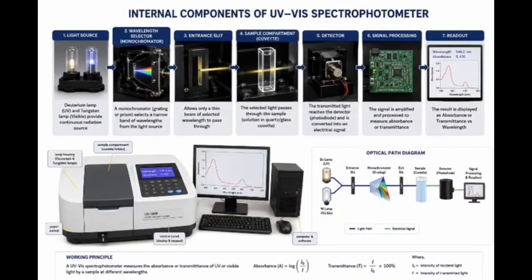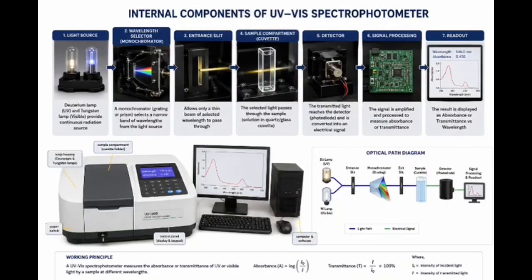Next, sample compartment or cuvette. The monochromatic light then passes through the sample solution placed inside a quartz or glass cuvette. During this process, the sample absorbs part of the light energy depending on its concentration and chemical properties. After passing through the sample, the transmitted light reaches the detector, usually a photodiode detector.